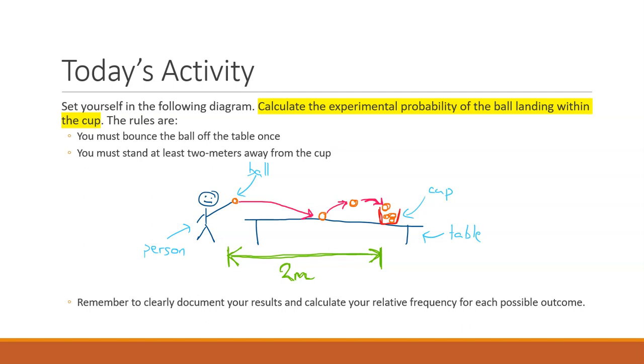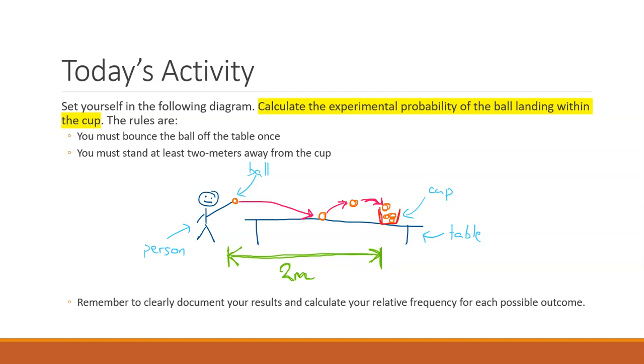Now, to make this particular game meaningful, I want you to record the results for each person, and I want you to calculate the frequency, count the frequency of the ball landing in the cup per each individual person.